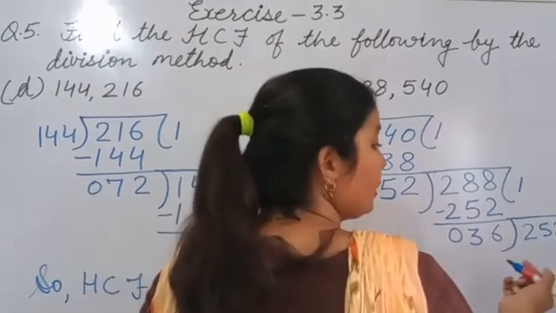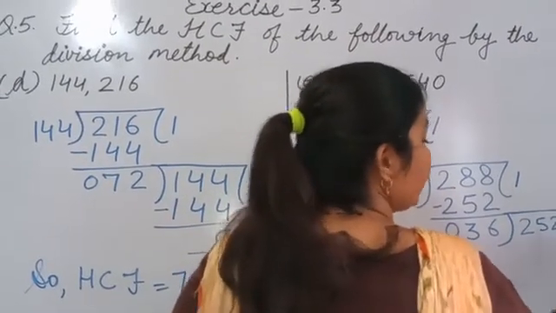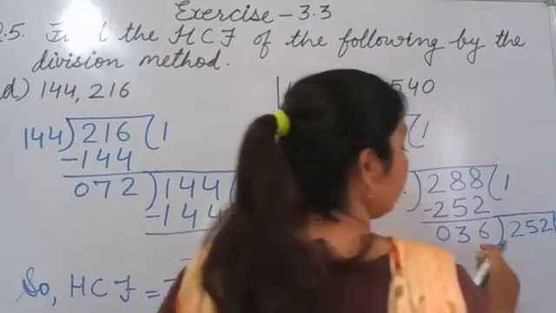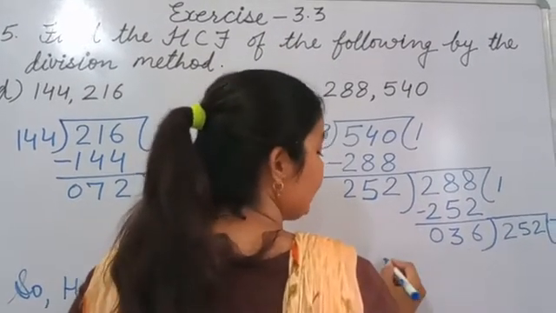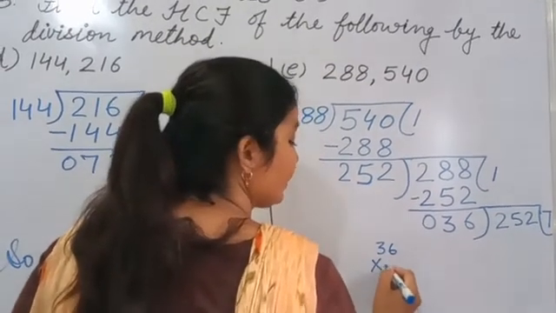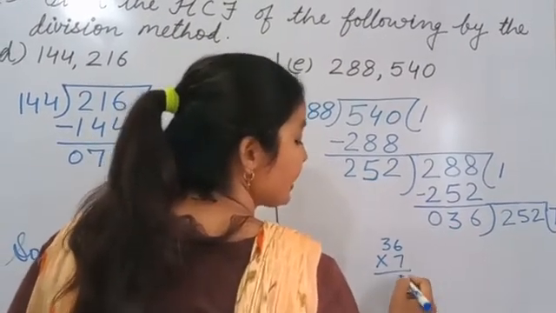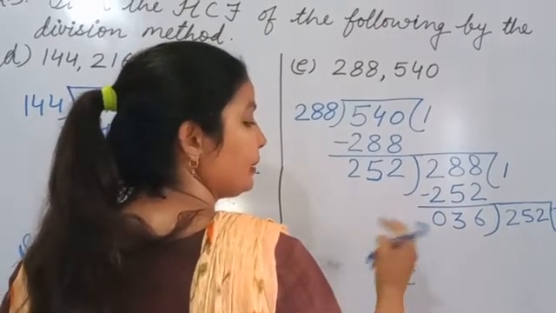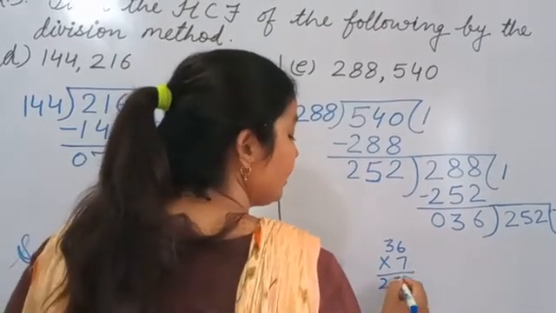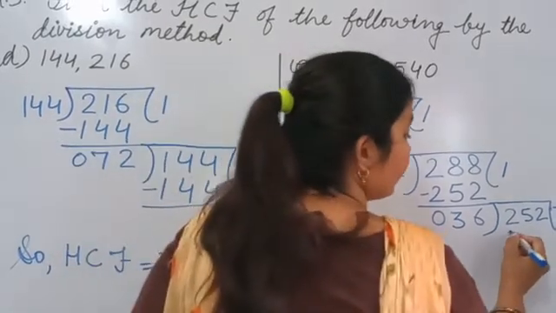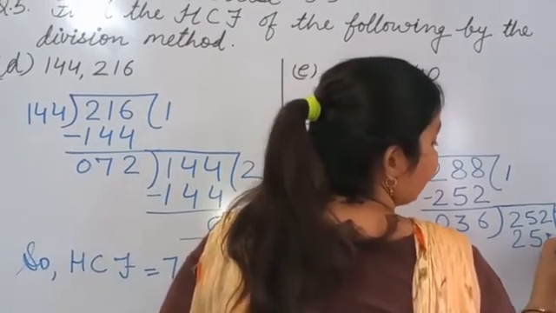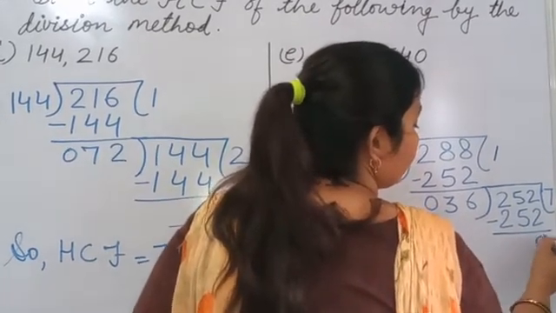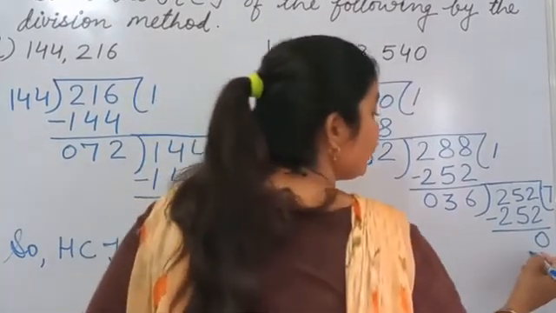So we will take which number? 7. Okay, now 36 multiplied by 7. 7 sixes are 42, 4 carry. 7 threes are 21, 21 plus 4 is 25. So 252. We get the same number. So 252 minus 252, we get the remainder 0.